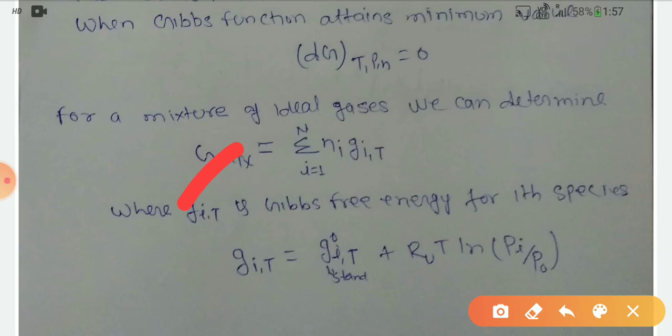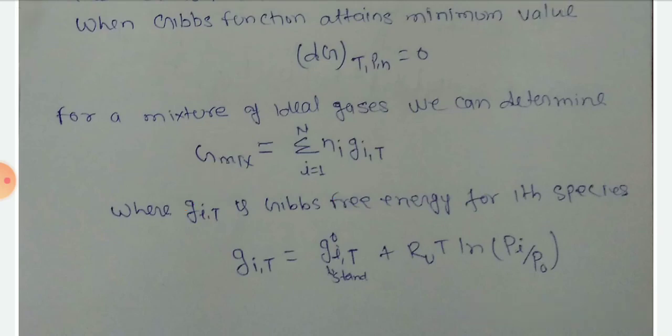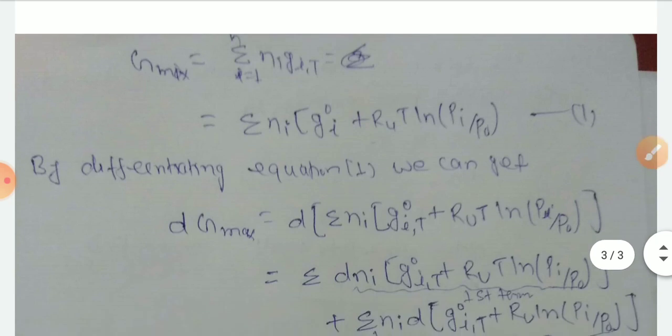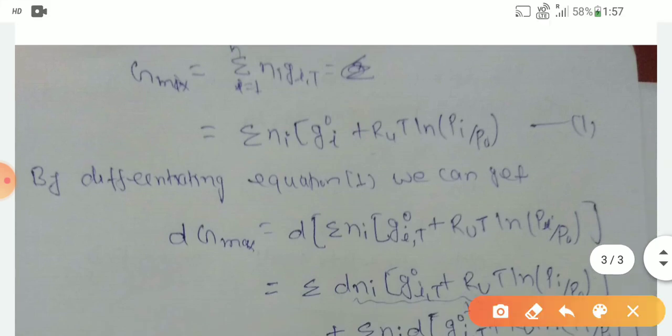So Gi(T) equals Gi standard, that means the Gibbs free energy at standard conditions, plus Ru T ln Pi by P naught, where P naught is the standard pressure.